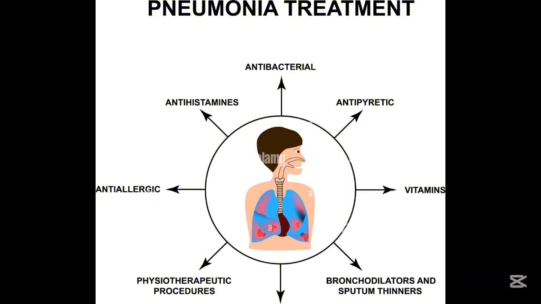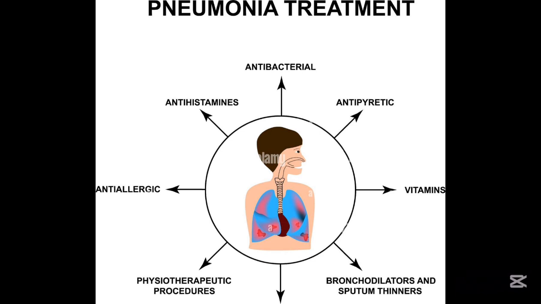plus a macrolide. If it's an inpatient but non-ICU patient, you can give IV ceftriaxone plus azithromycin, or an IV fluoroquinolone. If it's an inpatient and ICU patient, you can give a beta-lactam plus a macrolide or a fluoroquinolone.